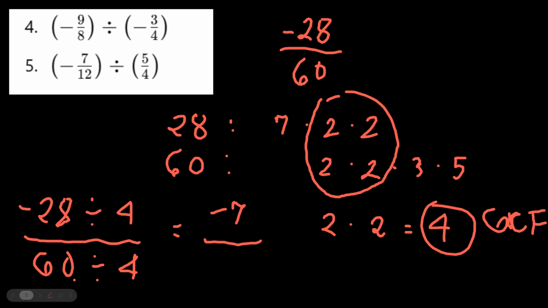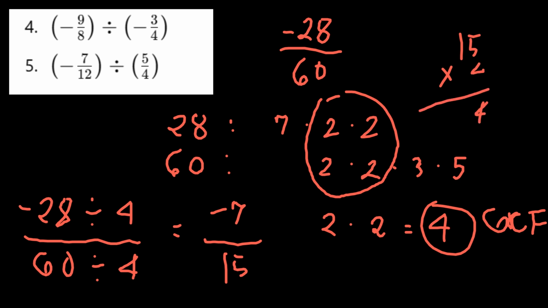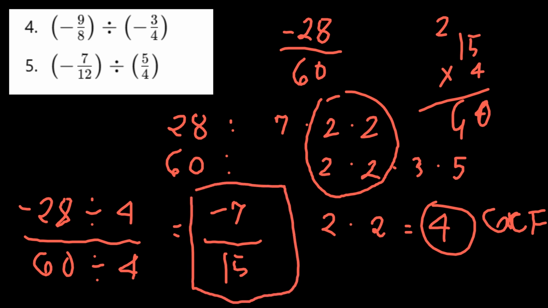And 60 divided by 4 gives us 15. Let me just check: 15 times 4 is 60. So our final answer, the simplest form, is negative 7/15.